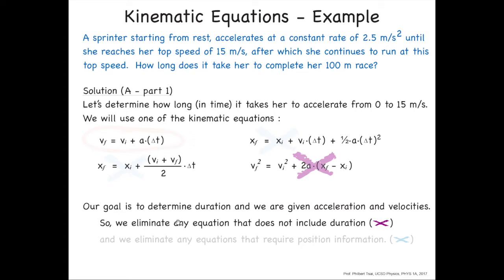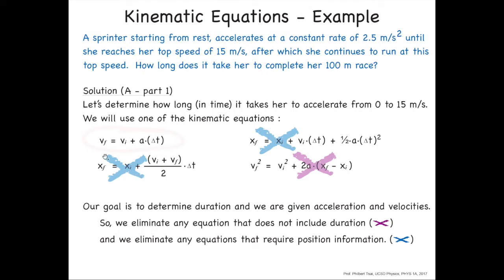Since we're trying to solve for time, we're going to eliminate any equation that doesn't have time in it, because if it's not there, we can't solve for it. We can't end up with an equation that gives us time if it's just not a variable in the equation. So that eliminates this fourth equation right here. Then we're going to eliminate equations that require position, because they don't tell us the final position. We start at some point and they don't tell us how far she's gone by the time she reaches top speed.